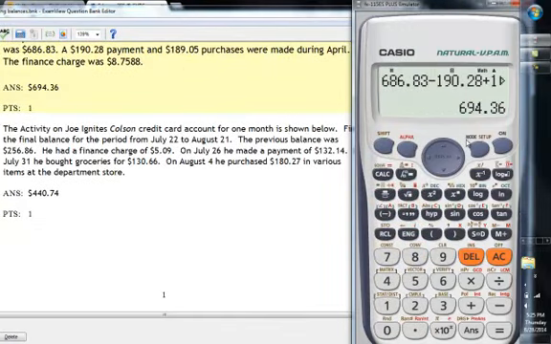The activity on Joe Ignati's Colson credit card account for 1 month is shown below. Find the final balance from July 22nd to August 21st. The previous balance was $256.86. He had a finance charge, so that'll be add 5.09.